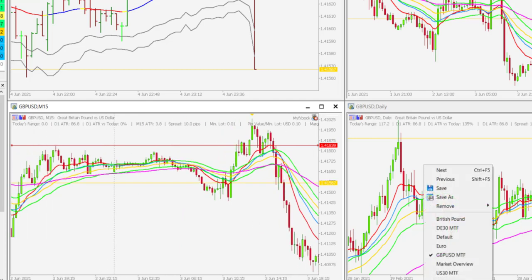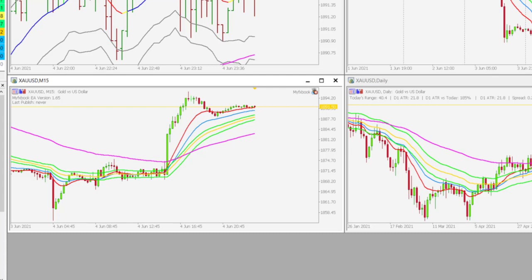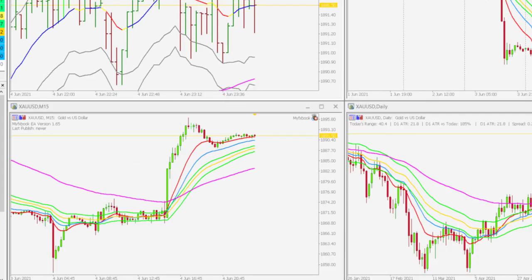Now I might also look at gold, something similar. When you're trading gold, remember that you've got to understand what margin you require and what each pip, each point on gold is worth. If I take a look at the 15 minute time frame here, there's a bullish bias.